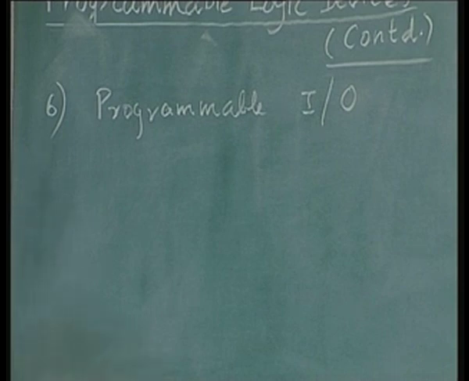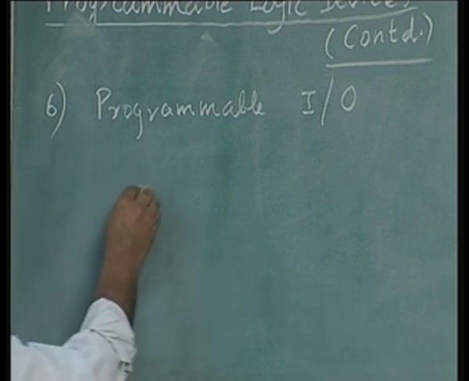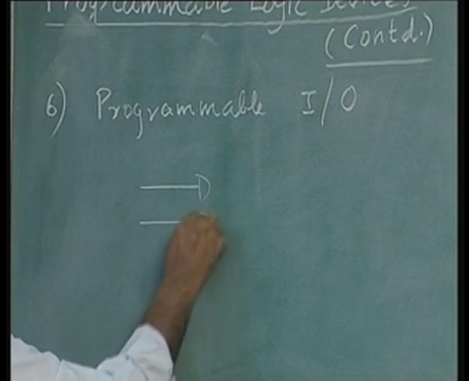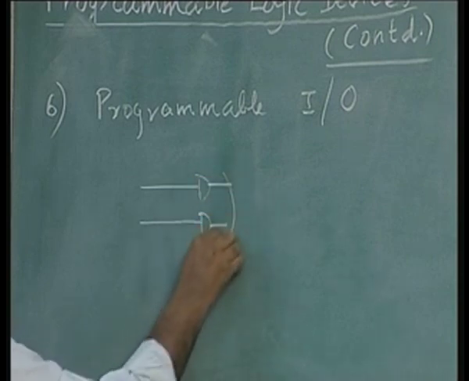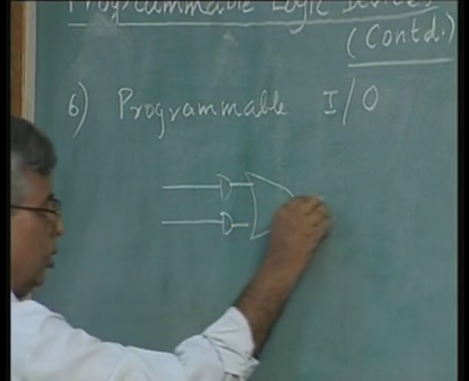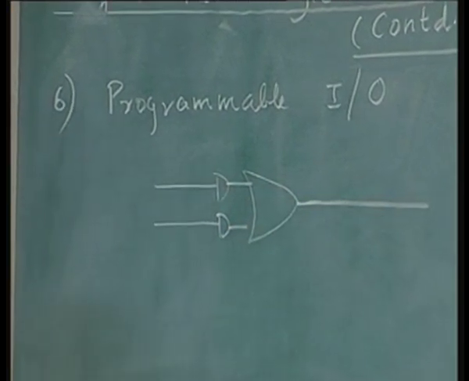What happens in this is, we have an option of using a given pin of the programmable logic device as either an input or an output. So, let us look at this drawing of this AND gate with OR gate as combinational high, the simplest possible output structure. This is an output, combinational high output.